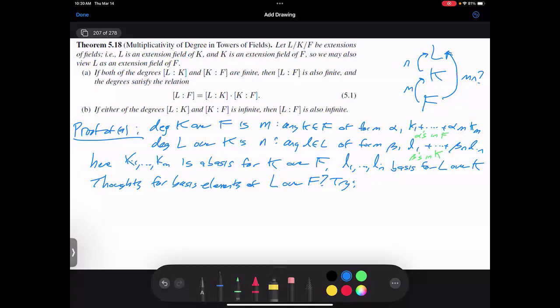So we have the basis elements K1 through Km, which is a basis for K over F. We have L1 through Ln, which is a basis for L over K. I now need m times n objects that I think might be a basis for L over F. What could I try?